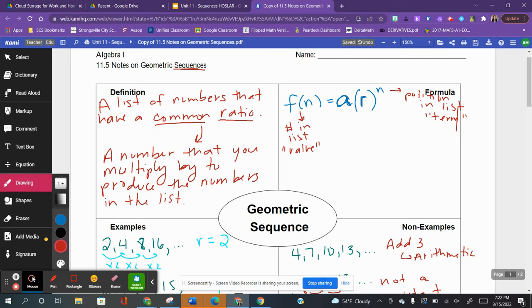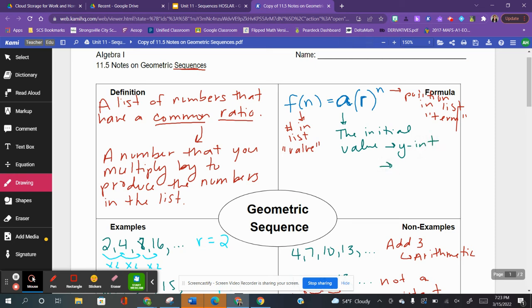And let's see. A still represents the initial value. And when we talked about exponential functions, the initial value was the y-intercept. And when we talked about arithmetic, we said that that is the number in the zeroth term, or in the zeroth position.